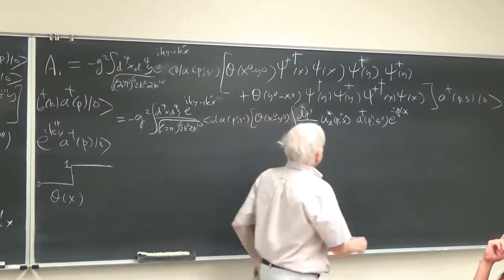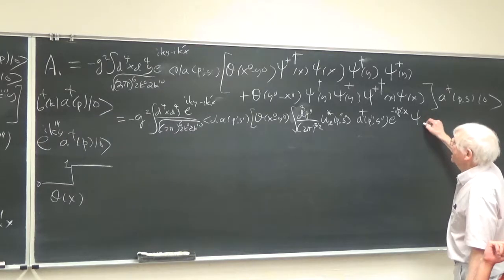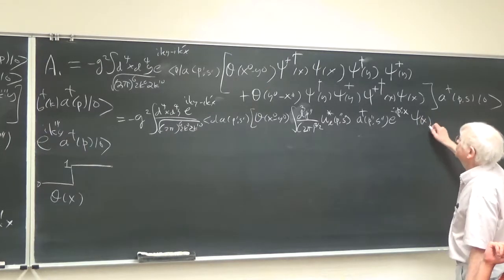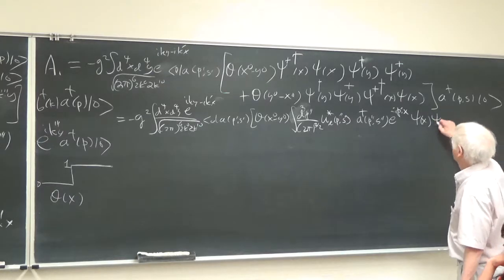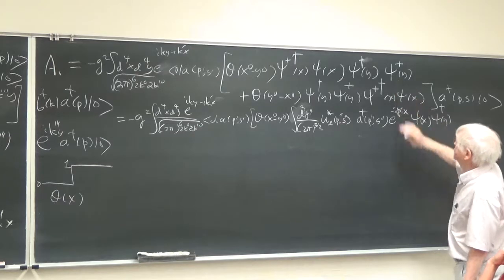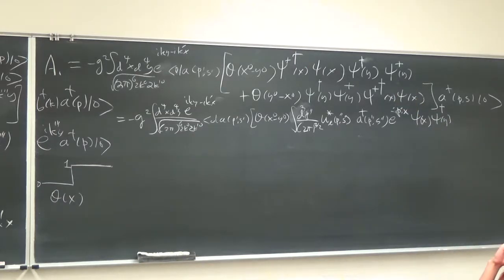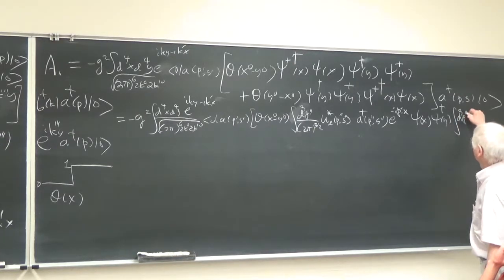And next we have psi of x, and then psi dagger of y, and then the next term is psi plus of y, and so this is an integral d cubed p triple prime over (2 pi) to the 3 halves.